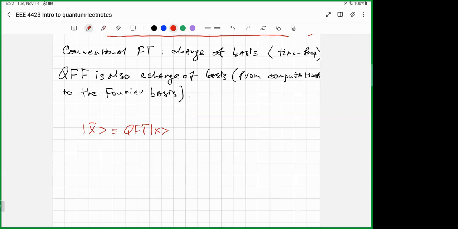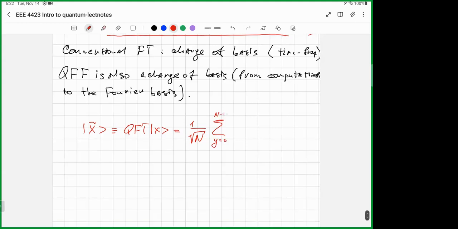All right, and this Fourier transform is given by this simple formula: 1 over square root of capital N, which denotes the number of amplitudes of the state, and then a summation which runs from y equals 0 to N minus 1, of e to the power of 2 pi i x times y over N, state y.